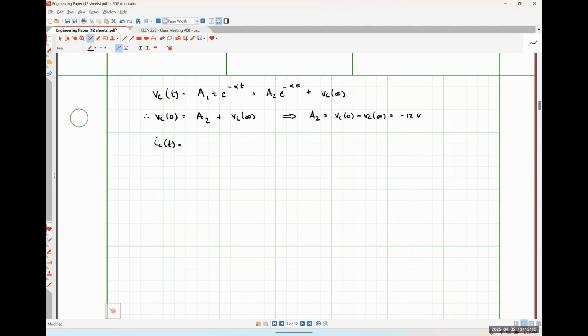IC of T is C times the derivative of VC of T. So this is going to be C times, and this is where, can I borrow your table for 15 seconds?